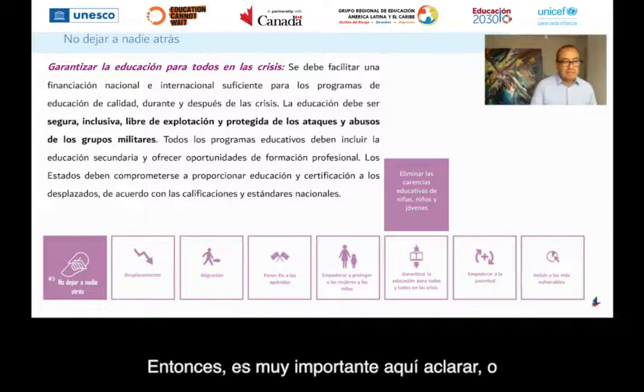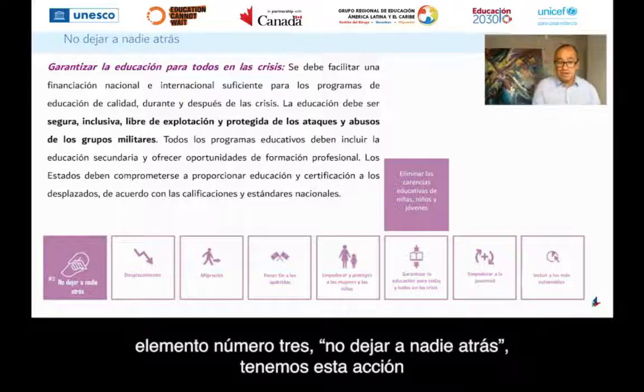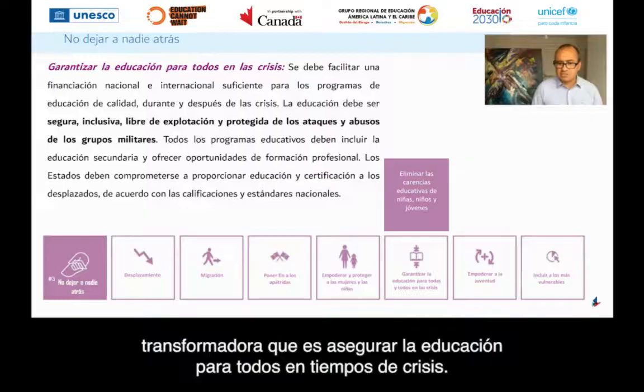So it's very important here to clarify that within what we will call element number 3, leave no one behind, we have this transformative action: to ensure education for all in times of crisis.